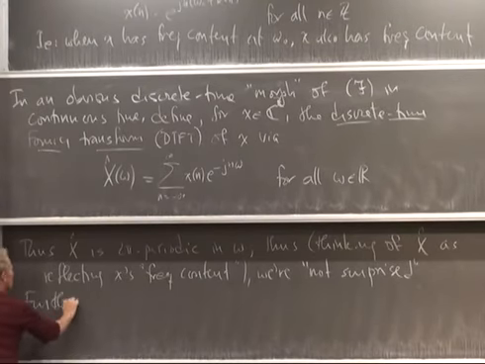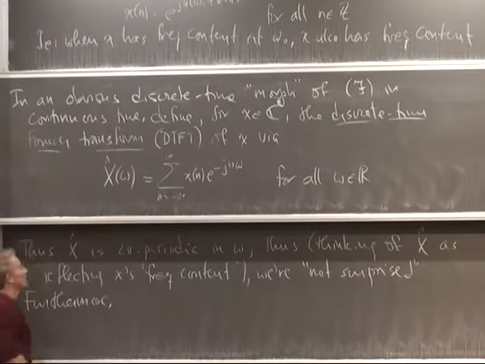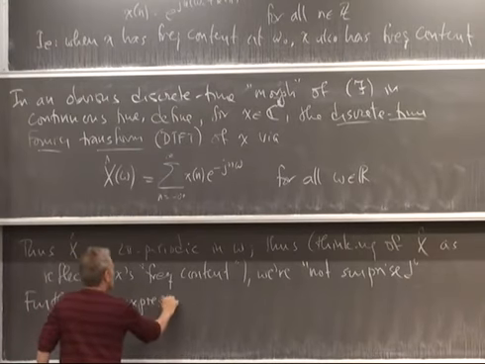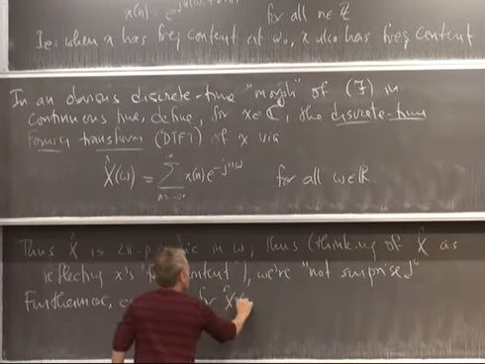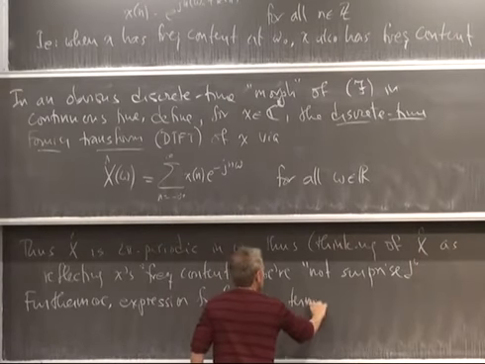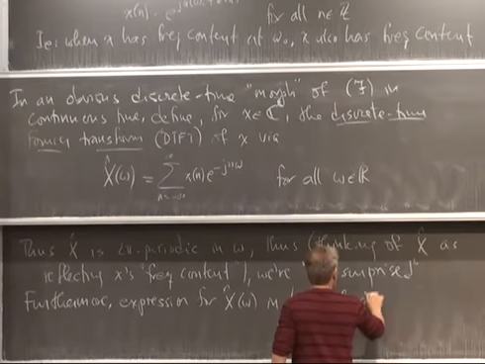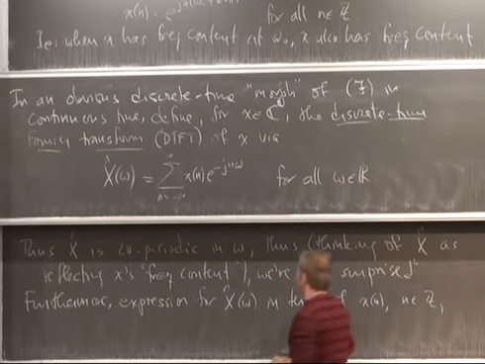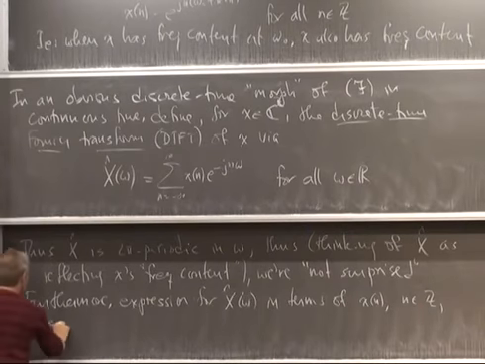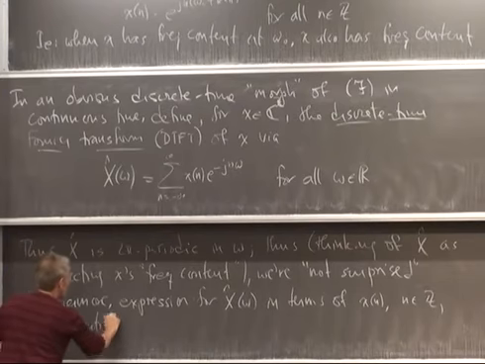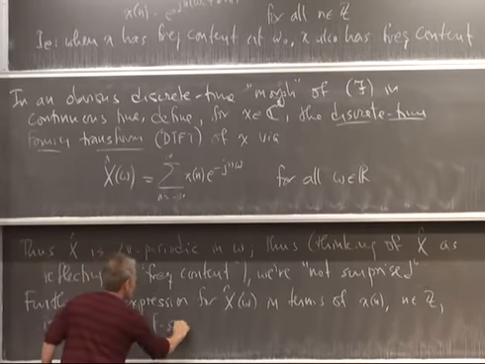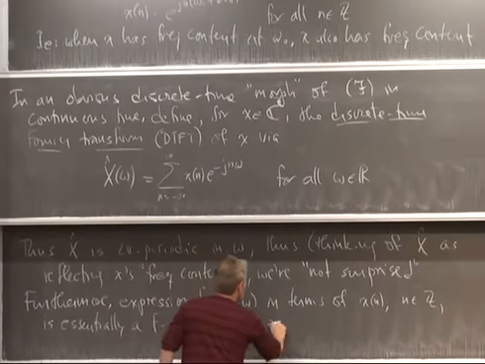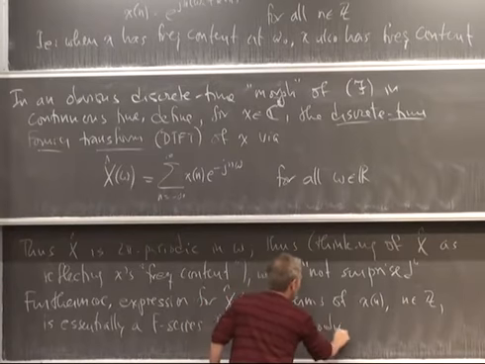So furthermore, the expression for x hat of omega in terms of x of n for n in the integers is just a Fourier series. It's essentially a Fourier series for the 2 pi periodic function x hat.